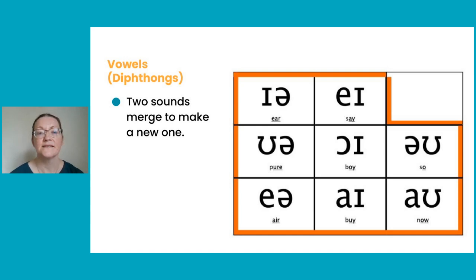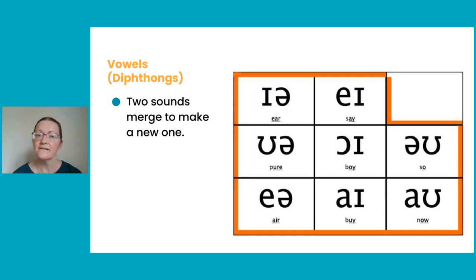Okay, so they are the diphthongs. All right, very nice. You will see that the diphthongs do not have dots or triangles, okay? They only go with the monophthong ones.